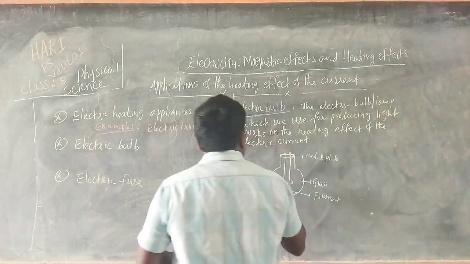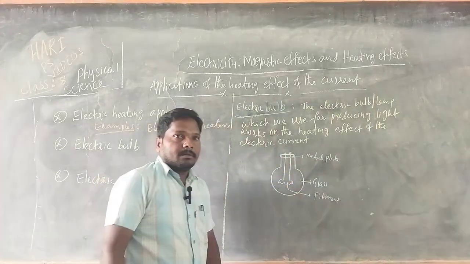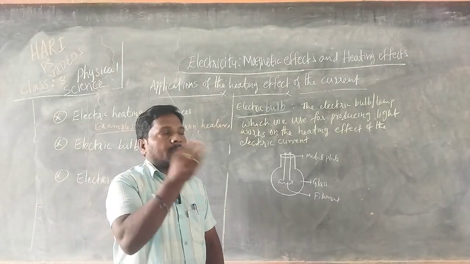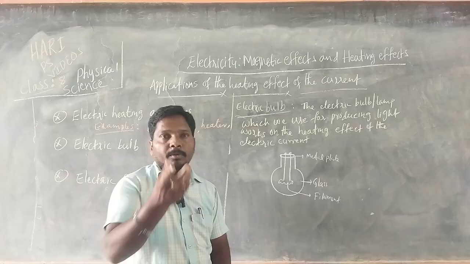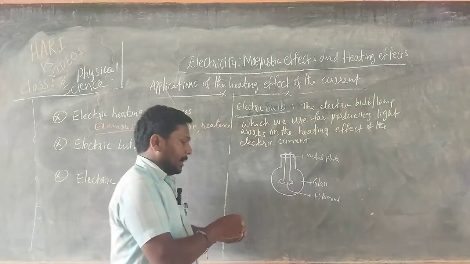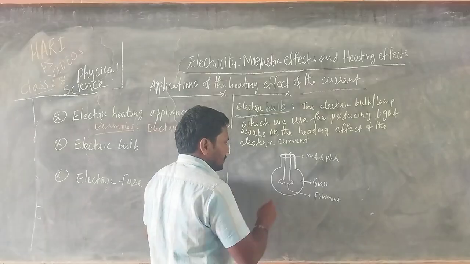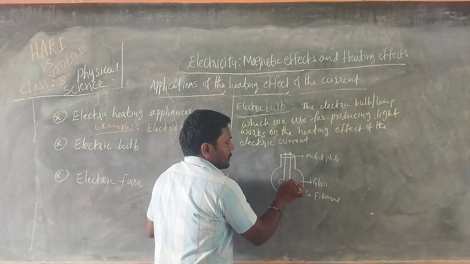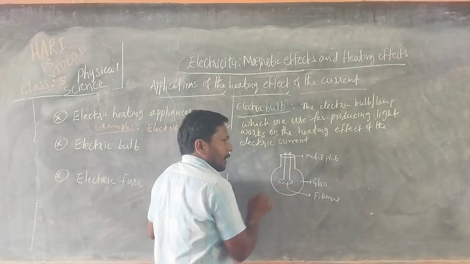So whenever we fix the electric bulb into the bulb holder and switch it on, the electric current is passed through a small thin metallic wire.